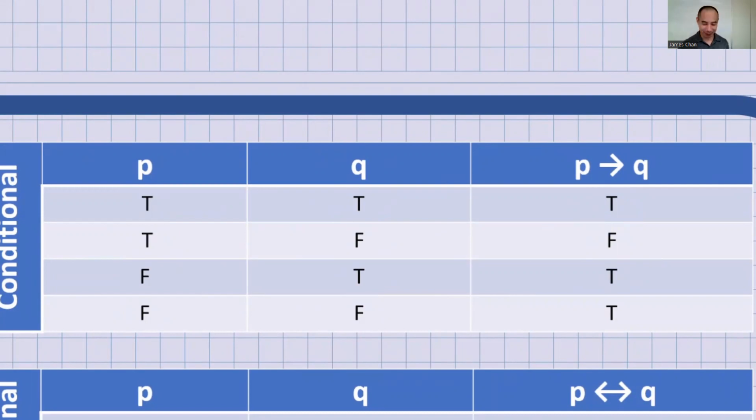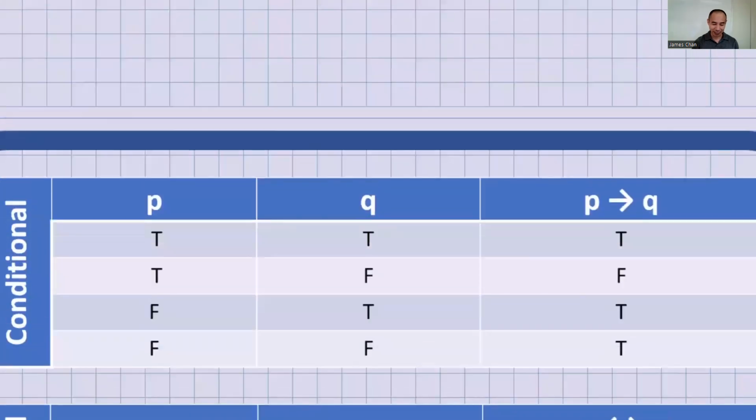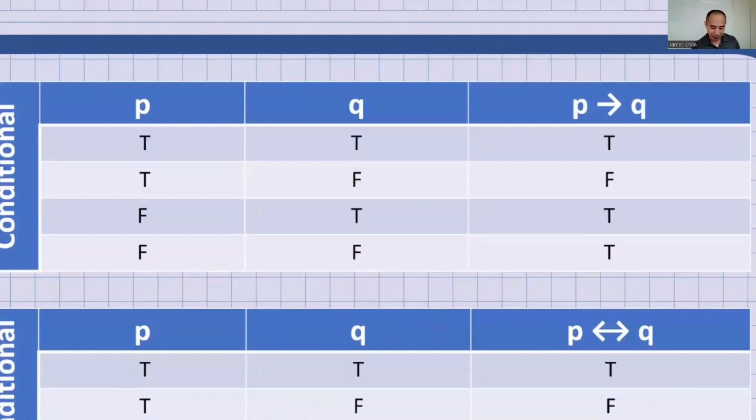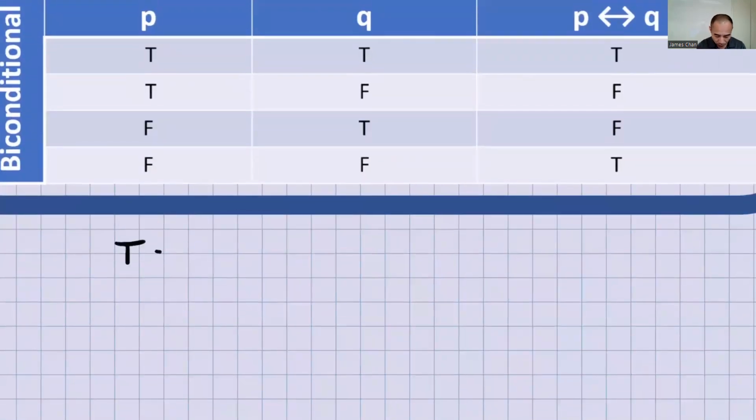What the heck happened? Now, biconditional again is both directions. So if I look at this, true, biconditional true, that means I have to have this and I have to have the other way as well.